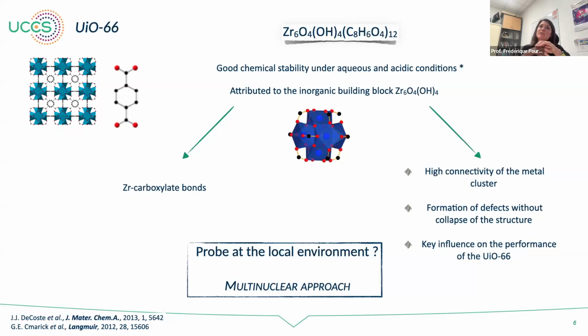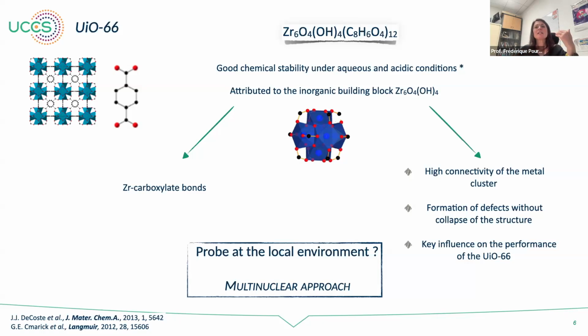This compound is really very stable, and this stability is usually attributed to the inorganic part of the MOF. What we wanted to study is how this cluster can change in presence of water or in presence of gas through a multinuclear approach.